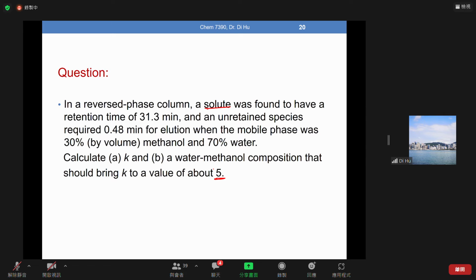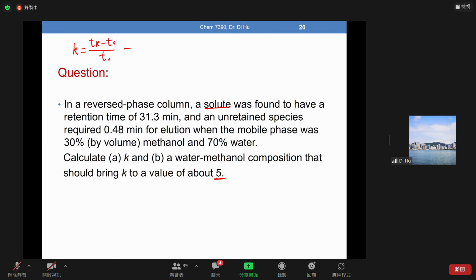First one, you have to know K. Again, we already know, don't look at the answer first. Try to do that by yourself first. K equals what? TR minus T0 divided by T0. Now, do we know T0? Can anyone give me the T0 in the chat room?